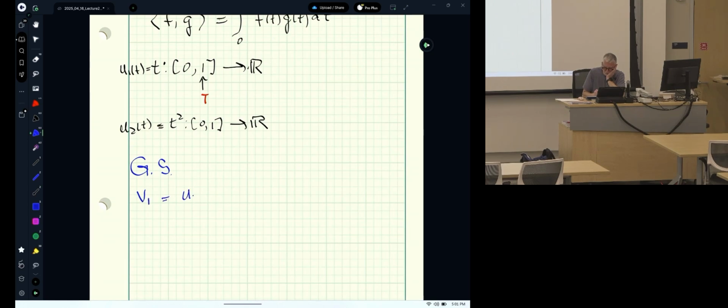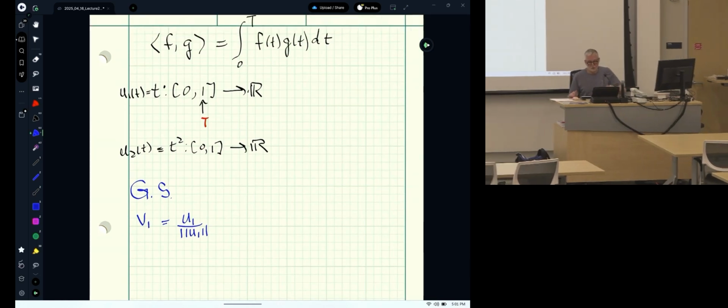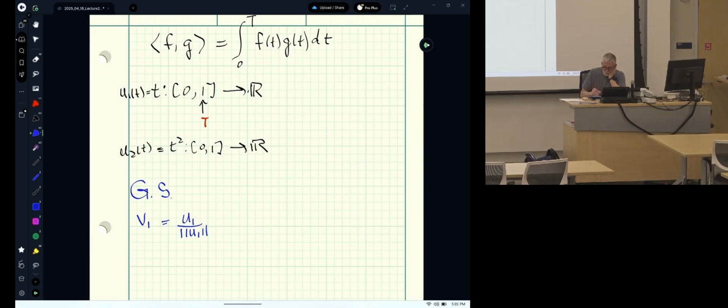V1 is u1 divided by the norm of u1. So calculate the norm of u1. We're taking T equals 1 here.